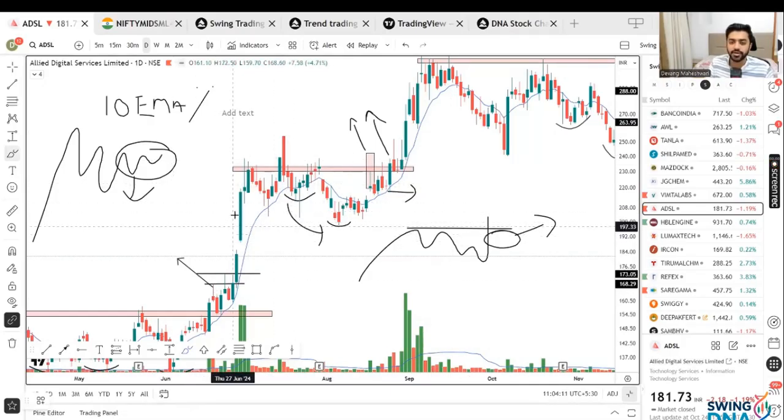When there is a consolidation, the stock will correct, okay, and then it will go below 10, below 20, then again cover it up and move up. Okay, and in the formation of that base, you will then have to see higher lows. Just going through everything one time may not help. We'll have to go through it 2-3 times.